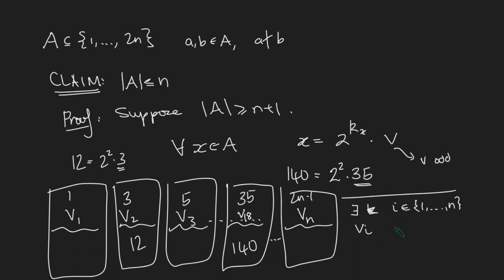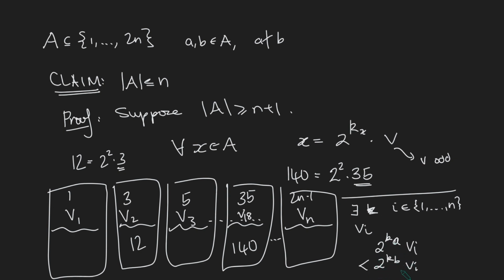Okay, so therefore there's some number 2^(ka) times Vi, and some other number 2^(kb) times Vi, and both of these numbers here are elements in A. But here's the issue. One of these numbers must be bigger than the other, and that just depends on whether ka is bigger than kb, or which one's bigger out of these two. Let's just say, without loss of generality, kb is bigger than ka, and so therefore the bottom one is bigger than the top one.